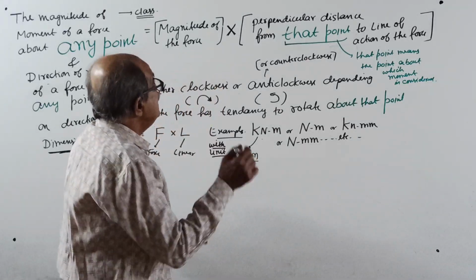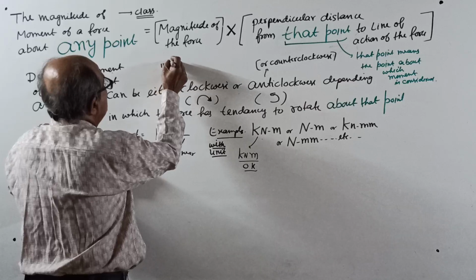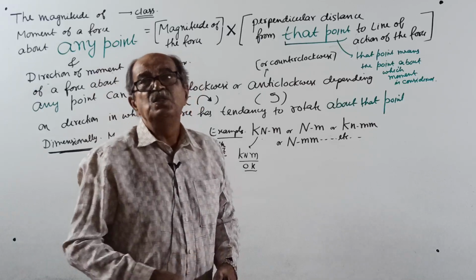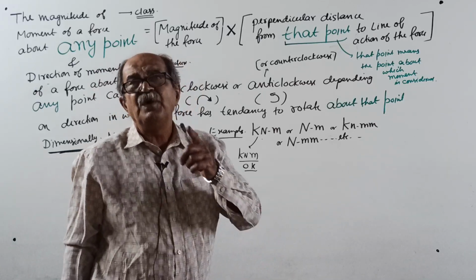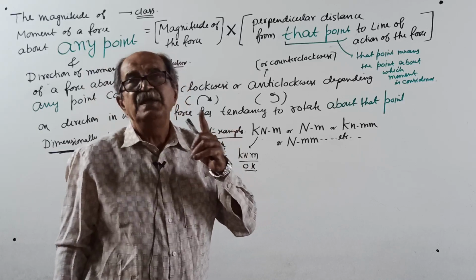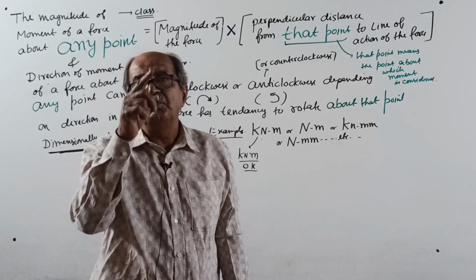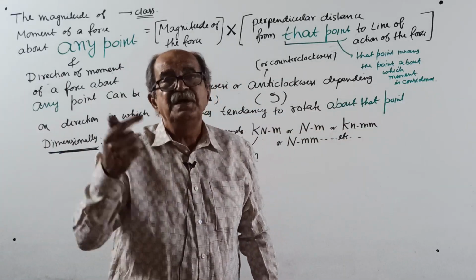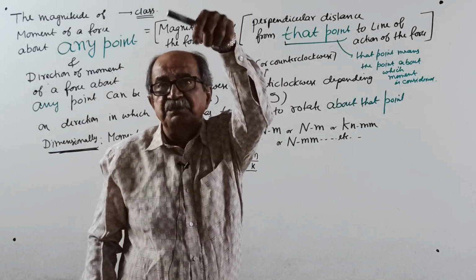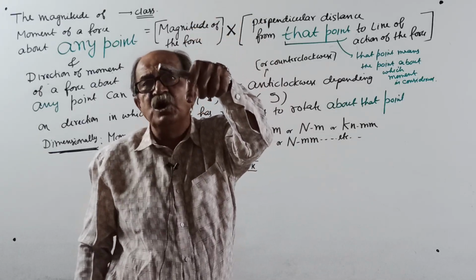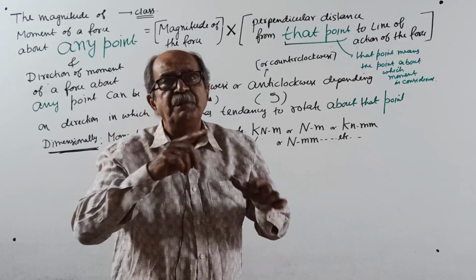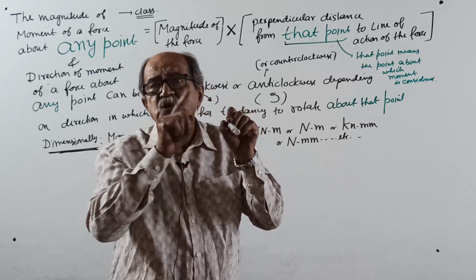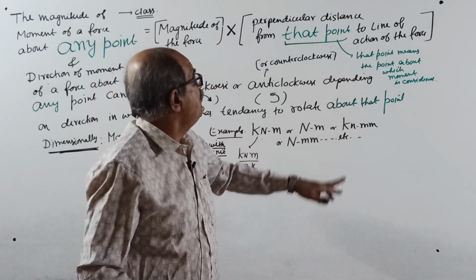I can't say it in full every class. So make a note: in future, in my class or even in the notes, whenever I say force multiplied by distance while finding moment, remember it should come to your mind: the distance from that point, about which you want moment, to the line of action, the perpendicular distance from that point to the line of action of the force.